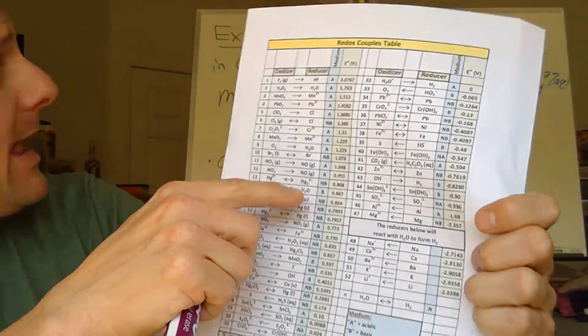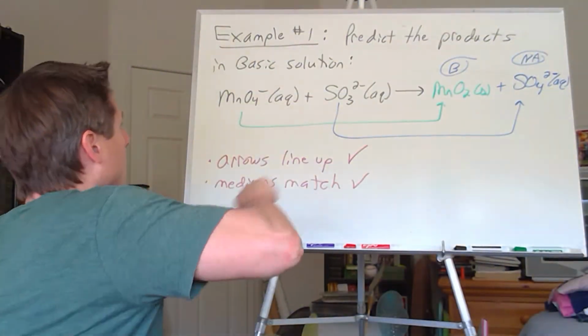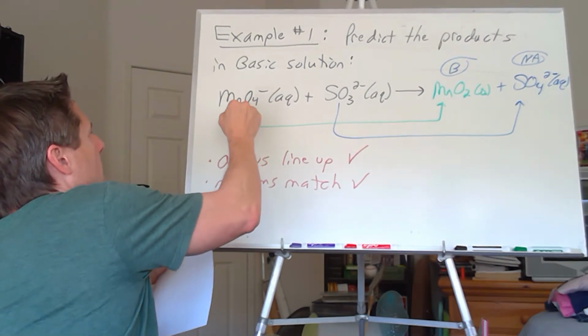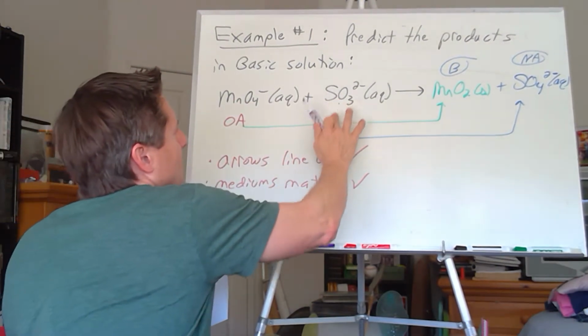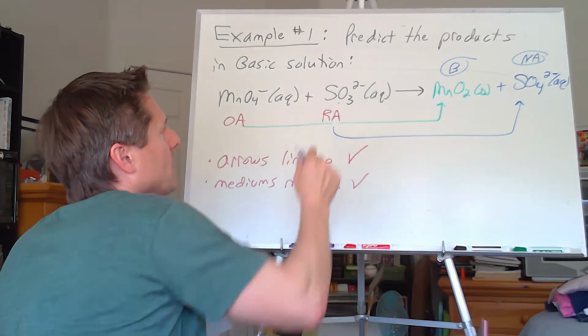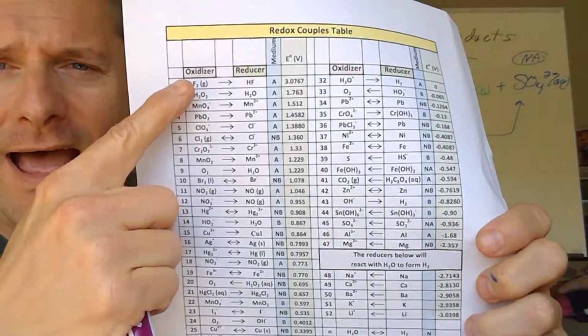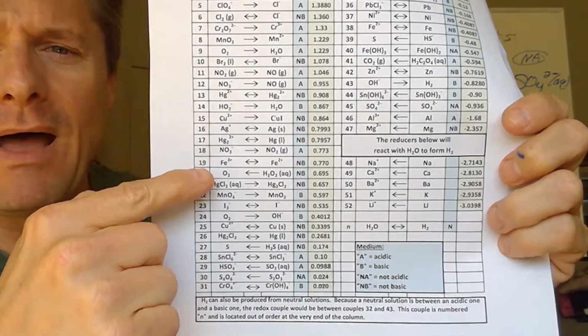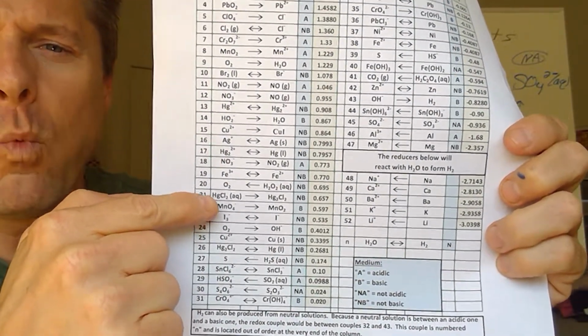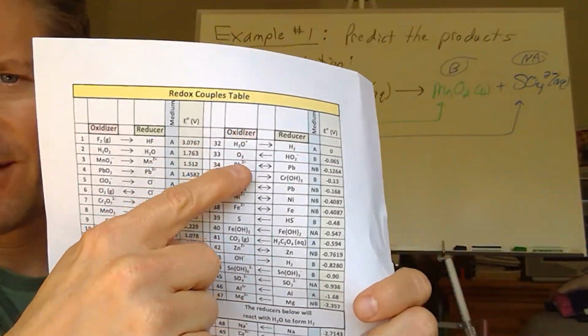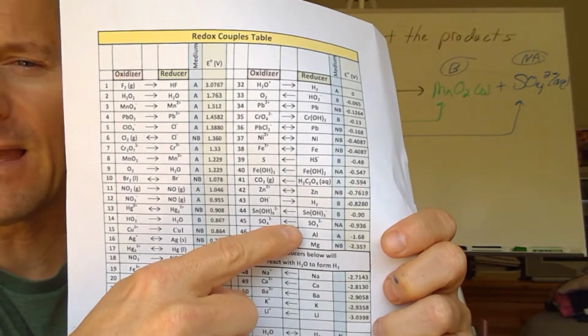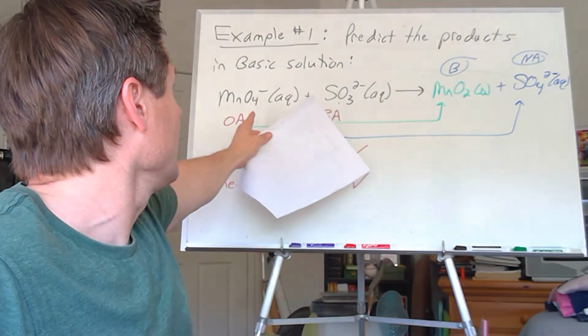So my MnO4 minus is my oxidizer, right? I'll go OA for oxidizing agent and RA for reducing agent. So the oxidizer, our MnO4 minus, is here. That's way higher than our reducer, okay? So that means this is a lot stronger.